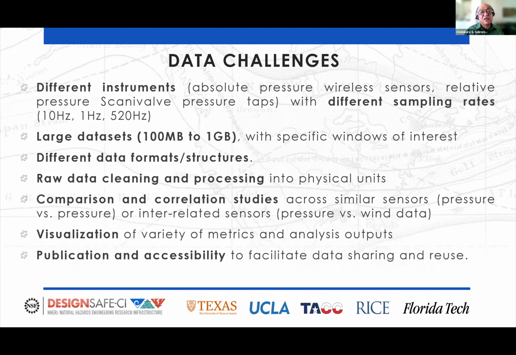Typically our wireless sensors can work on one charge for between 60 to 70 hours, and then we may have to recharge them. We are also implementing some solar charging so that we can stretch the duration of the data acquisition. So data set size is one problem, and also the data structures.